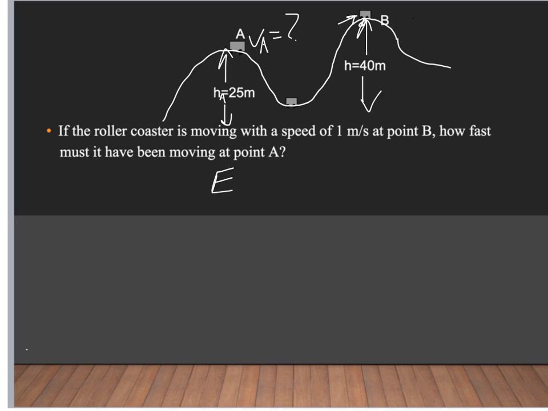So starting with the total amount of energy at point A, that has to equal the total amount of energy at point B. At point A, does it have a height? Yes. So there is mgh. Is it moving? Has to be moving. If it's not moving, it won't go down the hill.